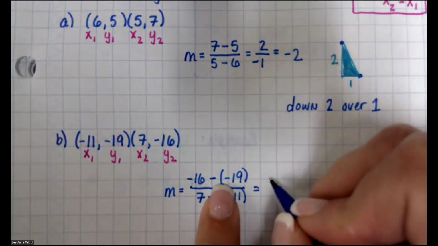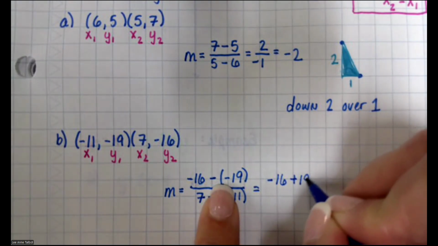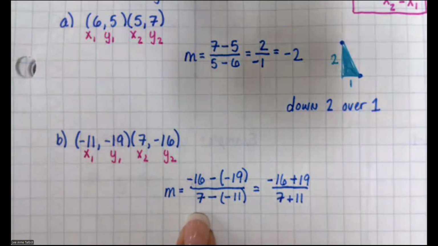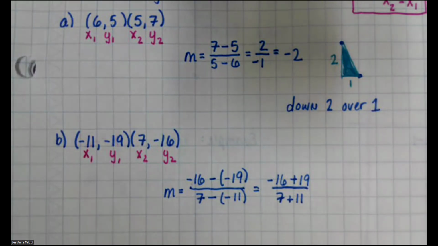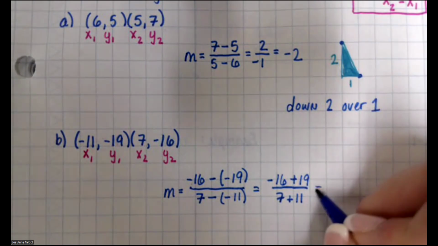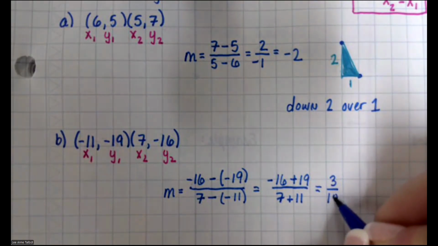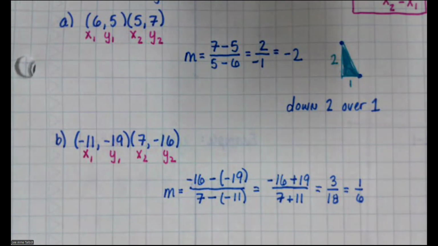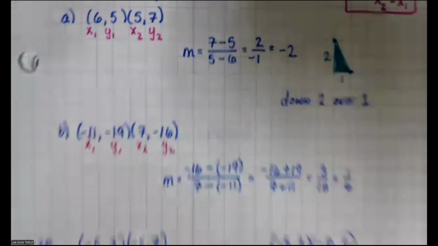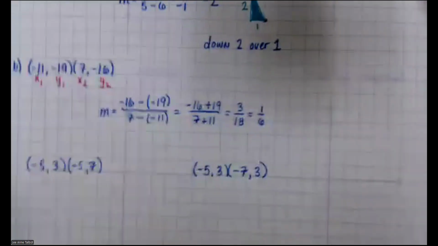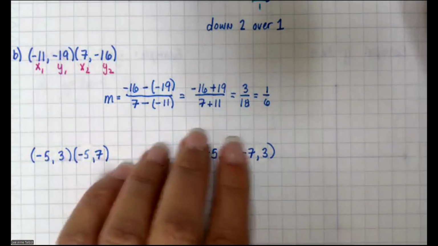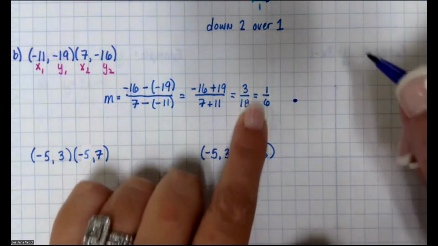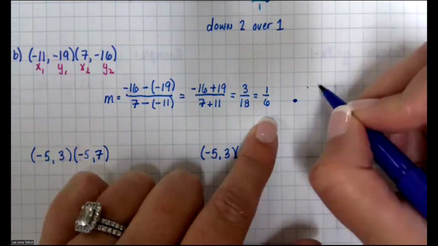This becomes plus, so -16 plus 19 over 7 plus 11, which is 3 over 18, which is 1 over 6. Okay, draw a dot, and a slope of 1/6 is up 1 over 6.